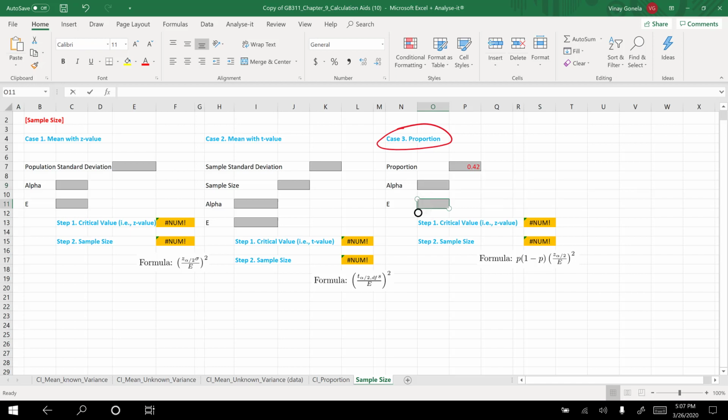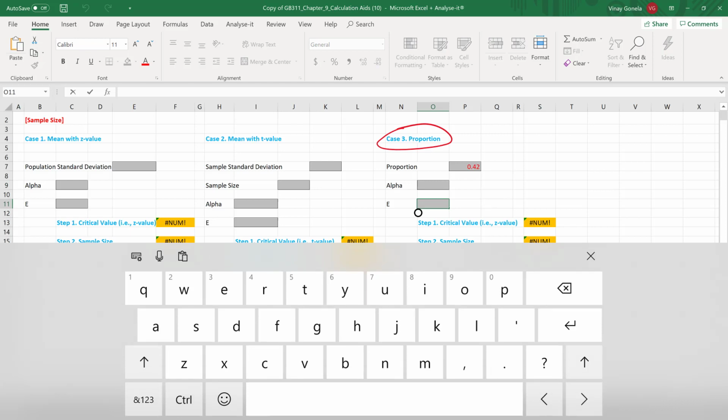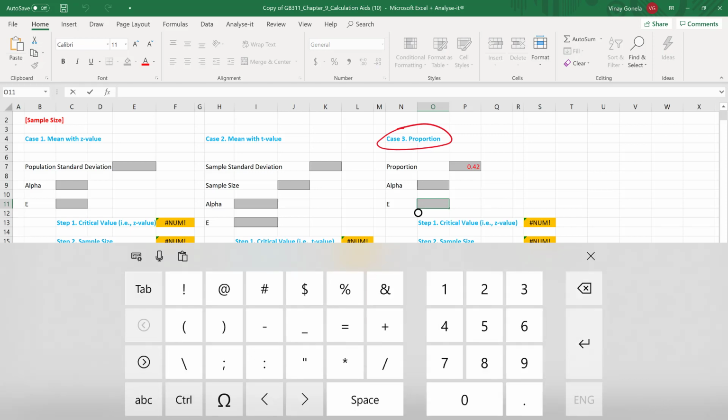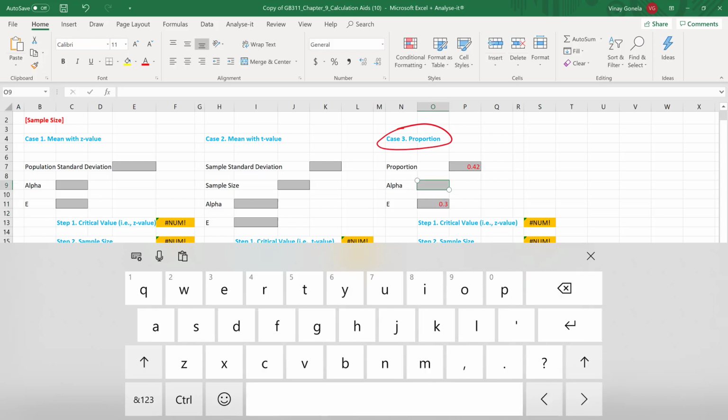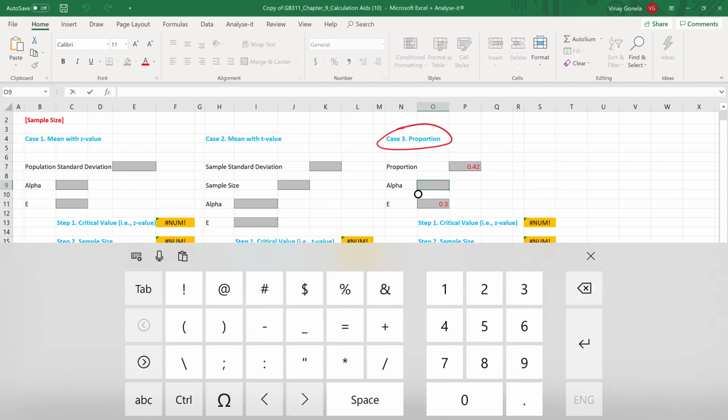Margin of error is 0.3 and alpha is, I think, 0.01, for the 99% confidence interval.